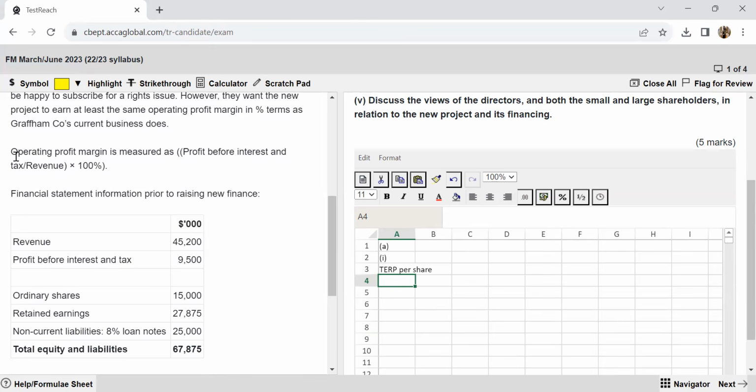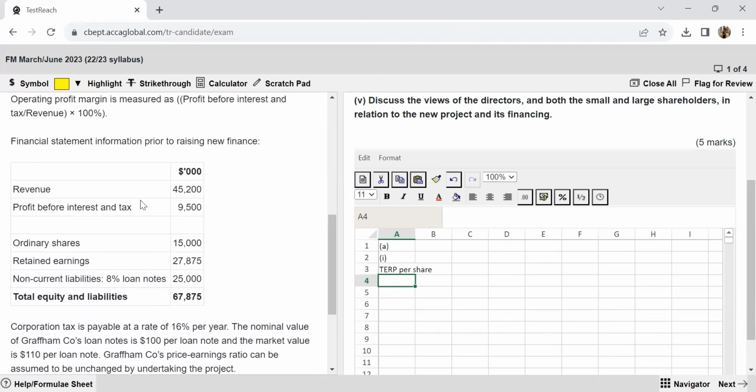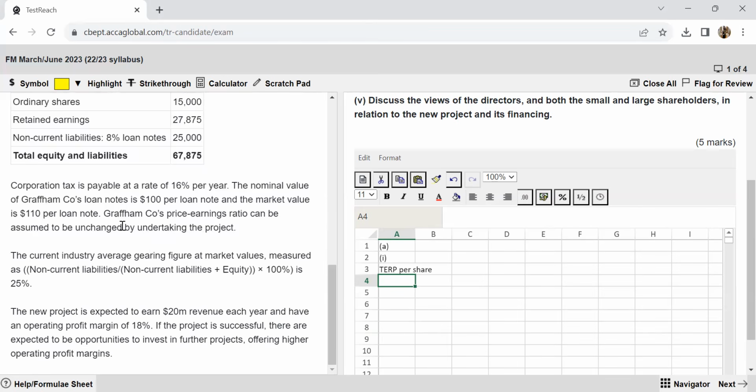So operating profit margin, the formula is given to us. Then we have some information about the financial statements, and then we have the corporation tax rate, the nominal value of Graffham Company's loan notes at 100 per loan note, and market value is 110. PE ratio is assumed to be unchanged. All right.